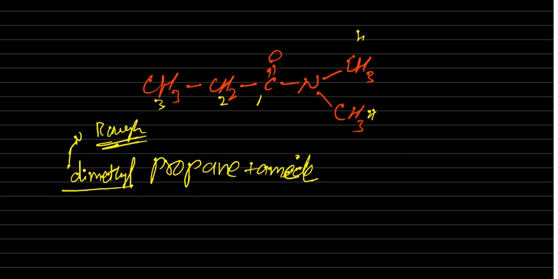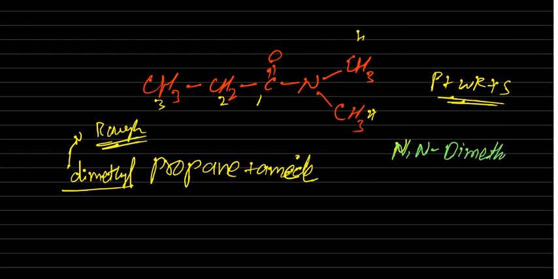Now you write the complete name. Prefix plus word root plus suffix we have to write. So here the substitutions are methyls. So N comma N dimethyl, the prefix is over.